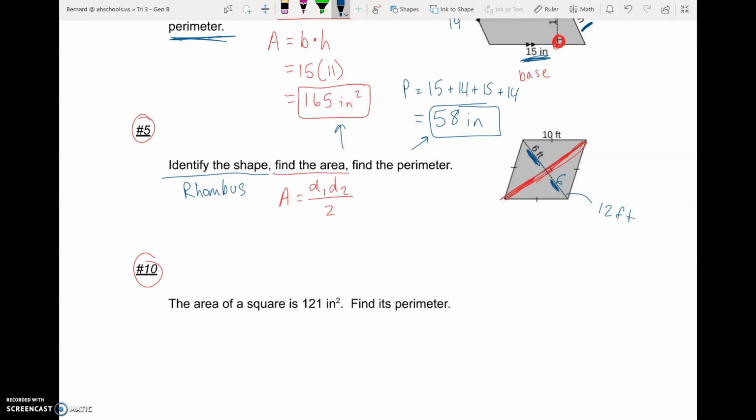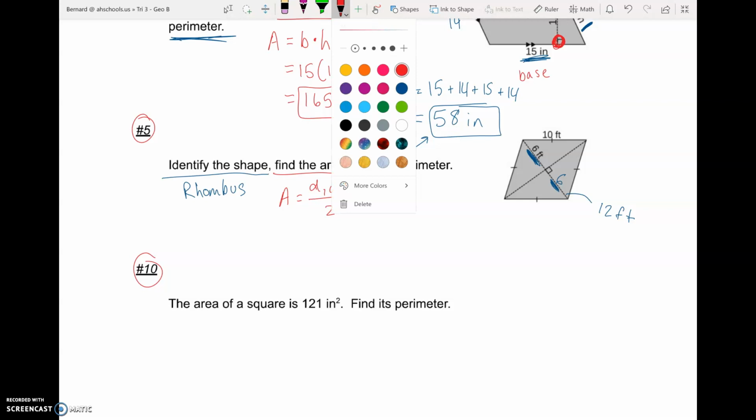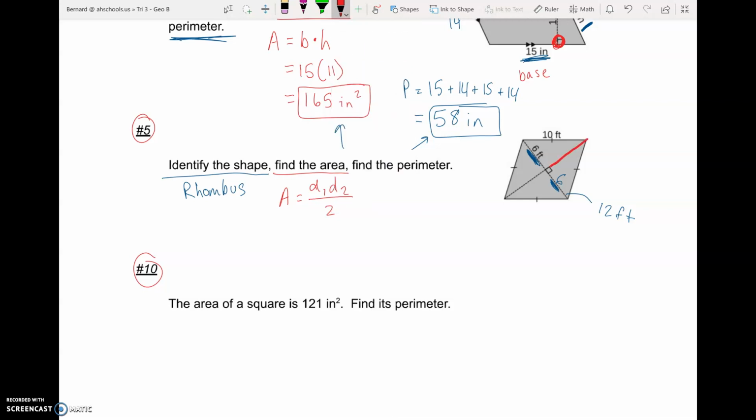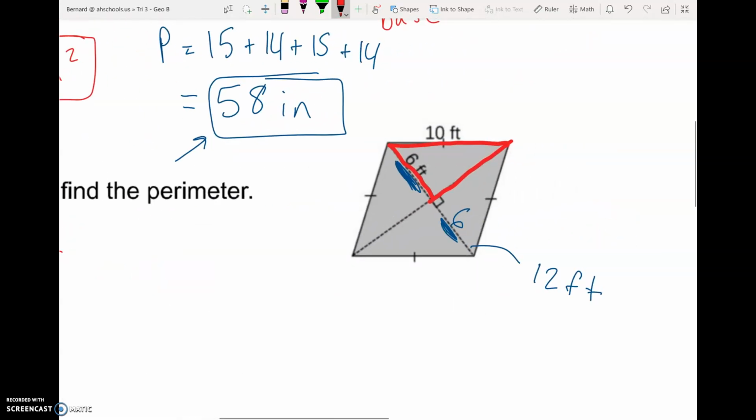That would be one of our diagonals. But we need to know the red diagonal too, and we just don't know it, but we can figure it out. Because here's what happens. I'm going to go back to red, and I want to highlight this. Take a look at this shape I am highlighting right now. I believe you can tell that that's a triangle.